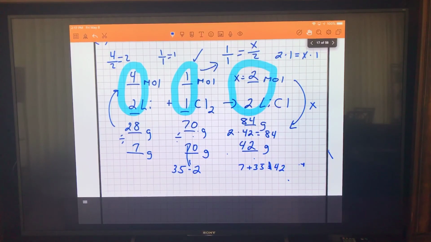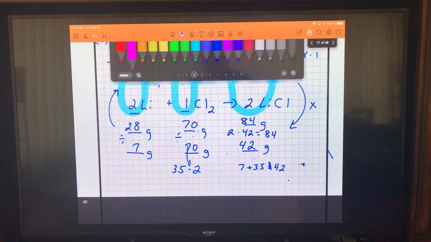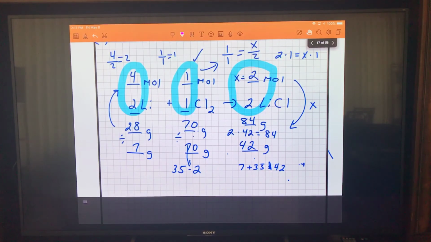A few comments on this one before we leave it. I'm going to go over here to my purple one. When you're doing these down here, remember all that they match up to is these right here. Notice I did not circle those coefficients out front, the 2, the 1, and the 2. We just add them up separately.